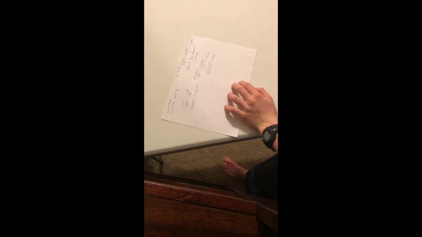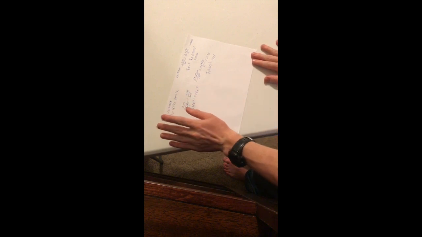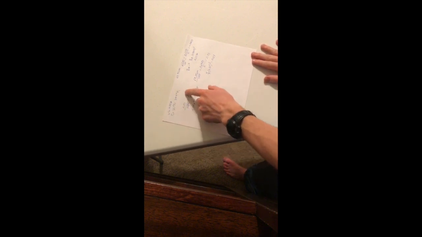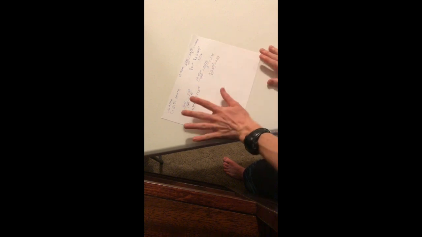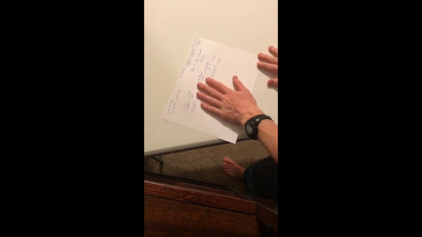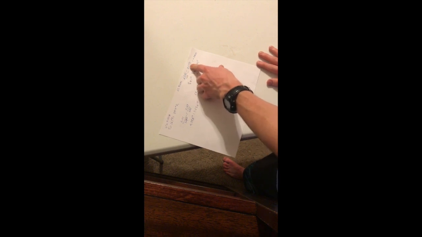Okay, these are our calculations for our balloon experiment. We're using the formula V1 over T1 equals V2 over T2. We start with our initial volume and temperature of our balloon from our room temperature normal average size balloon. We started with 67.31 centimeters. We divide that by 100 to get meters, which is 0.6731 meters. Divide that by 2 to get our radius.